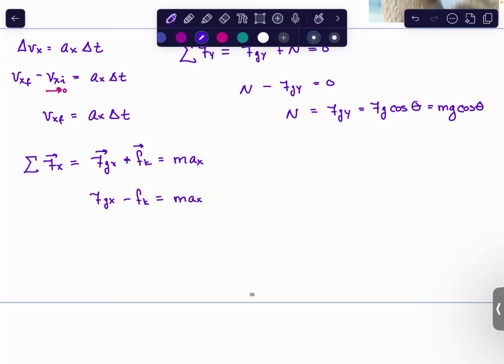If our component for y was cosine, this one has to be sine. And the kinetic friction force. Okay, so we can then change this to g sine theta.